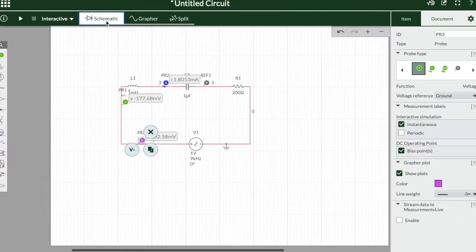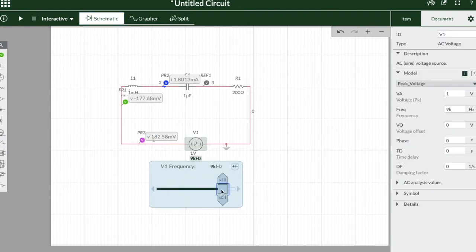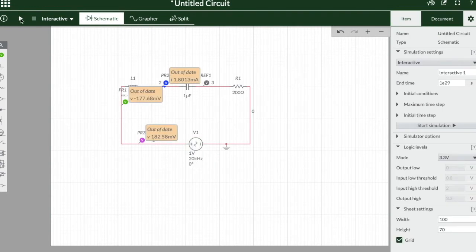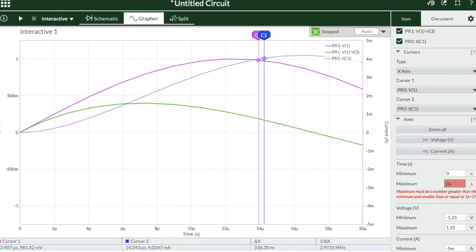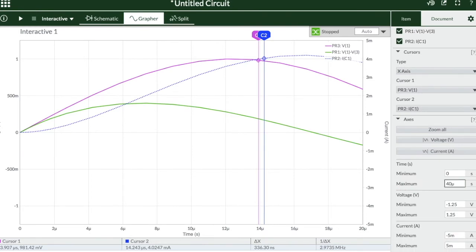Let us now change the frequency and bring it to a further higher value. So I'll select it to be 20 kilohertz. Let's run the simulation once again and come to the grapher mode. Minimum time as 0 and maximum as 60 microseconds.